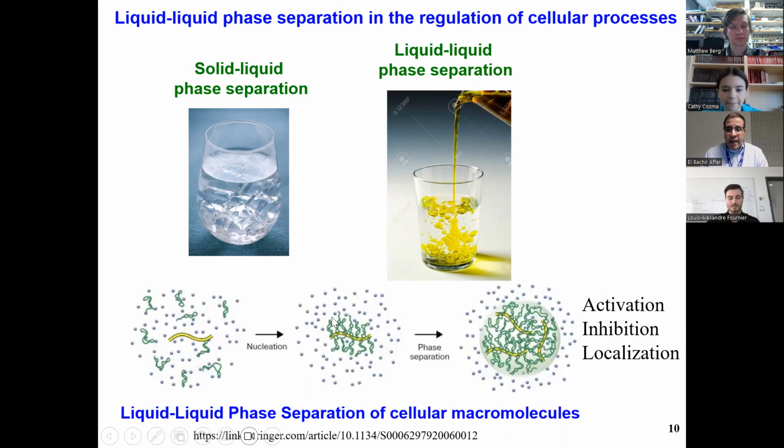And we can apply that now to macromolecules or to the proteasome. And this is with the idea to say that we will segregate proteins. We form this phase separation, these droplets, these membrane-less organelles, and that can be involved in, for example, activating a cellular process, inhibiting a cellular process, or changing the localization of proteins to, again, catalyze or inhibit cellular functions.